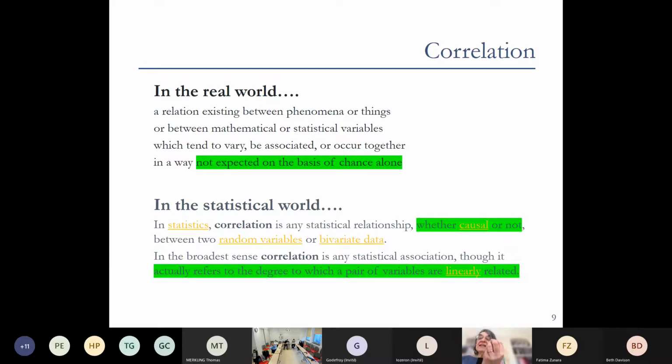In statistics, correlation is any statistical relationship, whether causal or not, between 2 random variables or bivariate data, so that's an X and a Y. In the broadest sense, correlation is any statistical association, though it actually refers to the degree to which a pair of variables are linearly related. So, I'm going to go back and forth between linear and not linear. I'm thinking more, is there a relationship? Next slide, please.